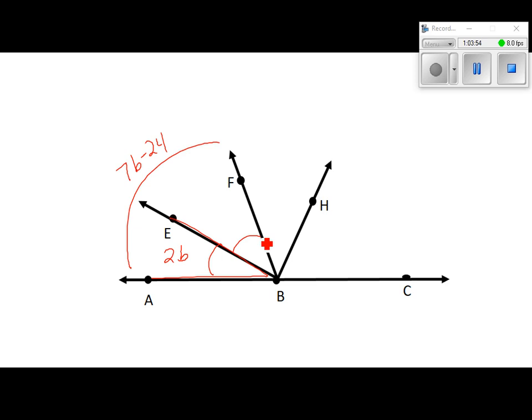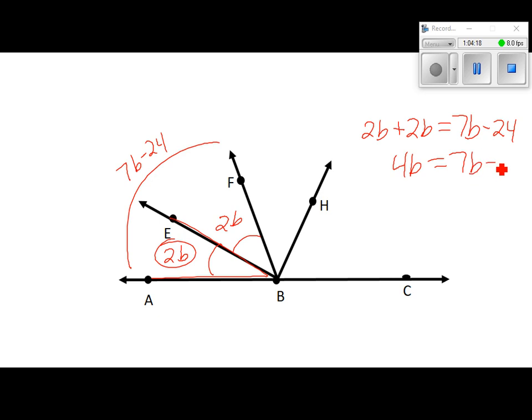So if I know this is 2B, what's this gotta be? 2B. Now what equation can I set up? 2B plus 2B has to equal 7B minus 24. If you don't have to write it all out, you can put it together, that's fine. So that's 4B equals 7B minus 24. Solve that. Somebody, 8? Is that what you said?